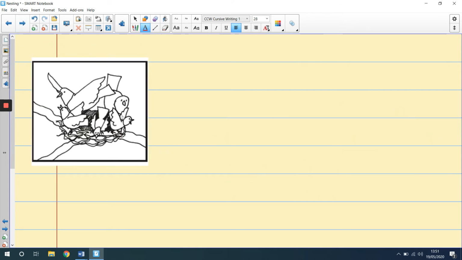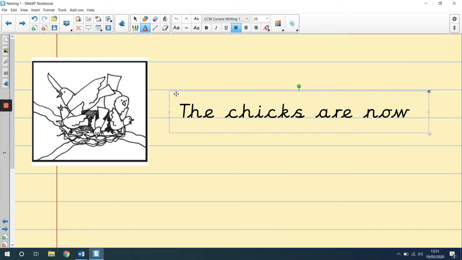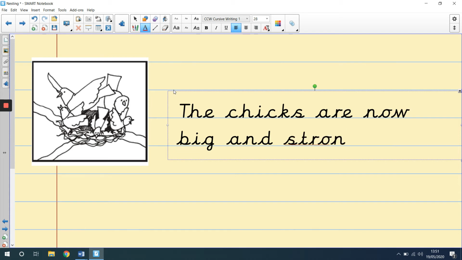Now, what can we say about this picture? Let's have a think. Well, I can see that the chicks have actually grown up quite a lot, and I think they are ready to leave the nest and fly away. So I will say, the chicks are now big and strong.